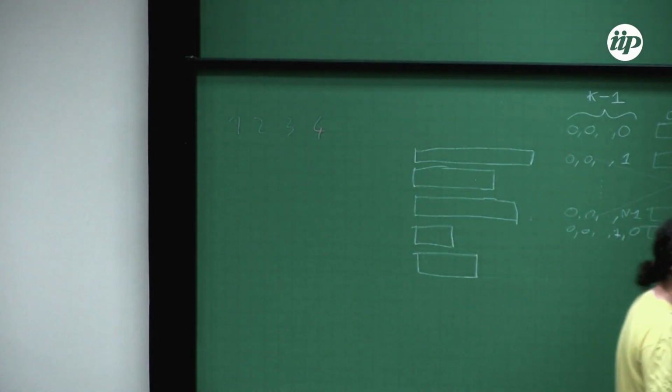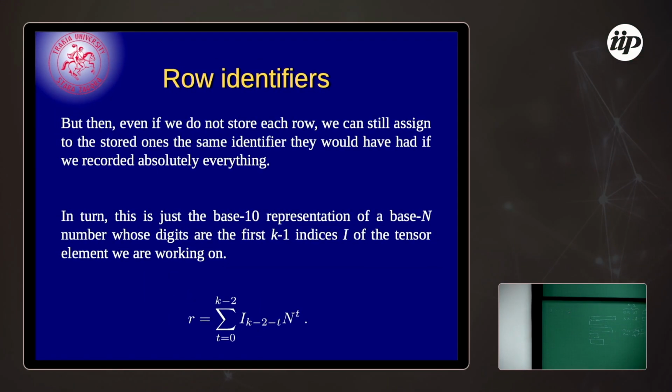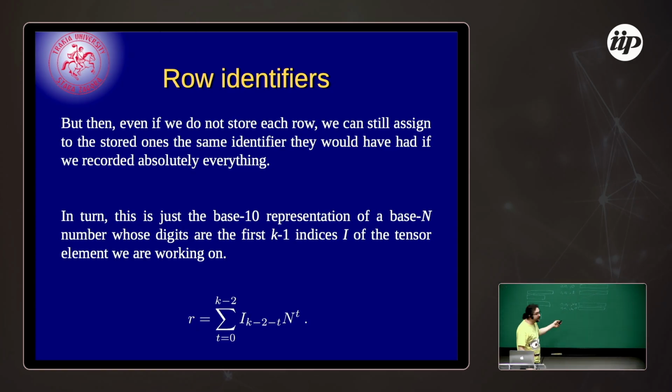Here, instead of having the powers of 10, we have the powers of n. That's it. And you take the first k minus 1 indices of the tensor. Here in this formula, I use I as being the indices of the tensor for the elements that we are considering. So this gives us the formula for the row identifiers.